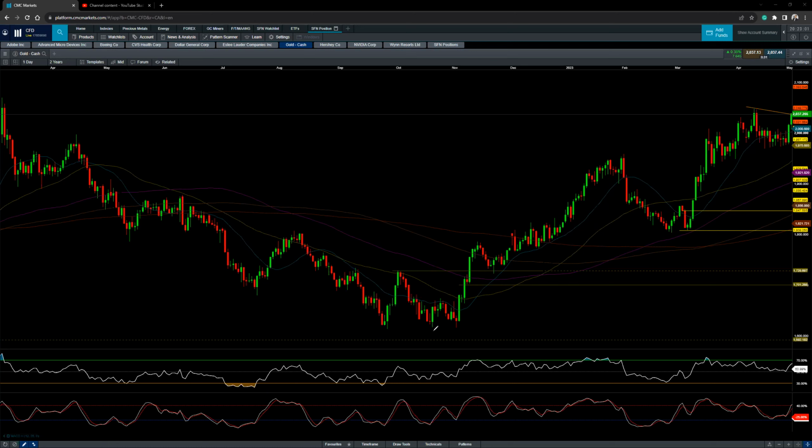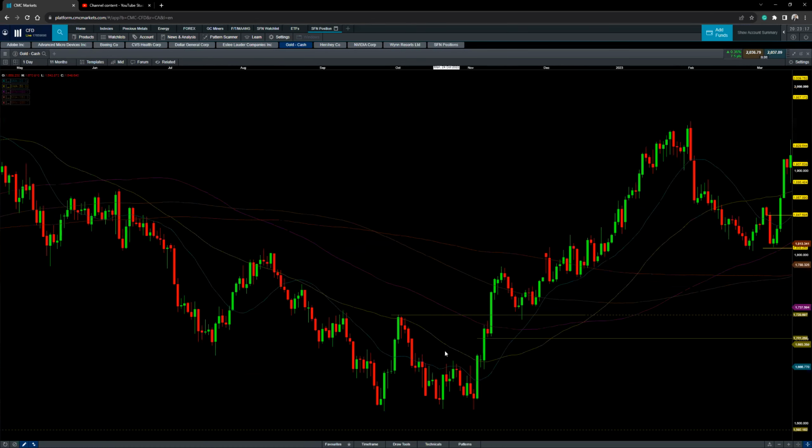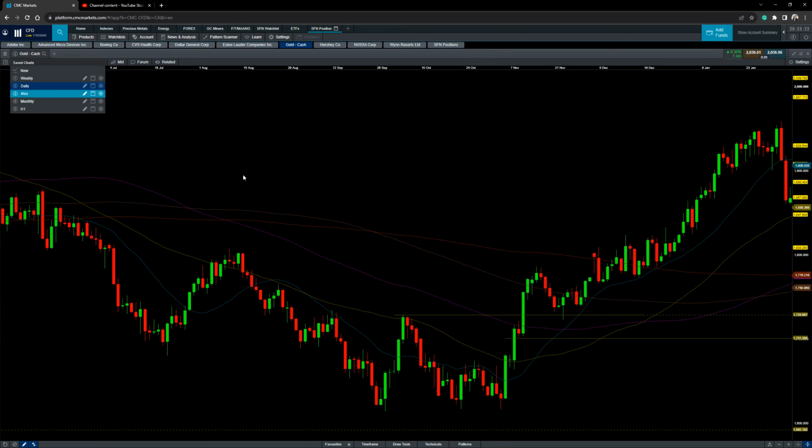Inside this low, we have a nice W pattern, one, two, to the upside. Look at here, and look at here as well. Perfect, right? That's what I'm saying: sometimes patterns are inside each other. Patterns are just forming within each other, so we shouldn't be confused when we see something like this.